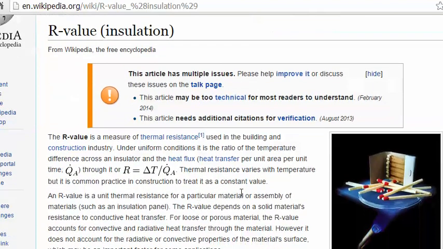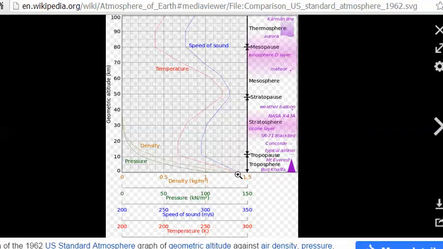In British, we talk about the R value, which is the change in temperature divided by the heat flux. So in essence, what I'm saying is that the troposphere has a certain R value, and these different layers of the atmosphere each have an R value, but they have actually two different R values, one for the incoming visible light and a different R value for the outgoing infrared light.